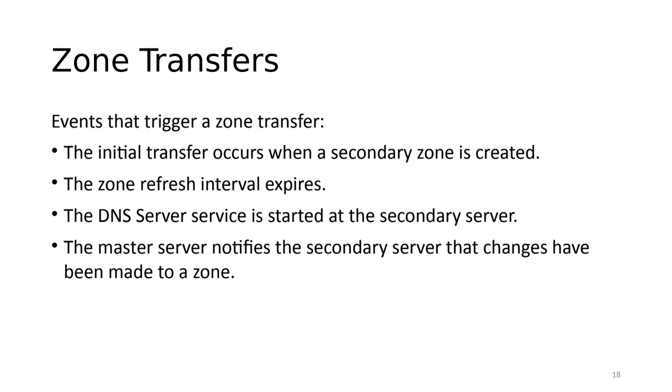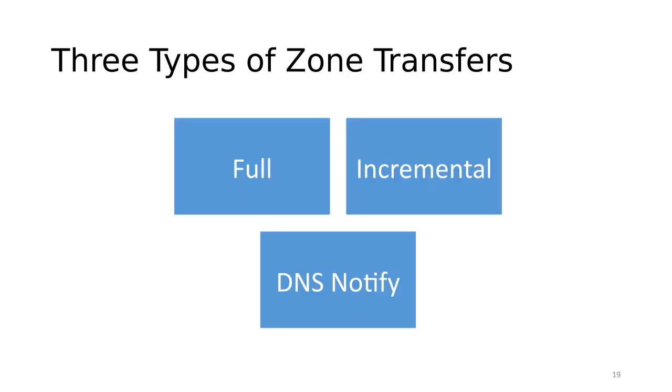And as I update the zone here, I will update the other servers. So we call this zone transfer. There are three types of zone transfer: full transfer, incremental, meaning only the changes, the updates, or DNS notify, when the DNS requests to transfer.